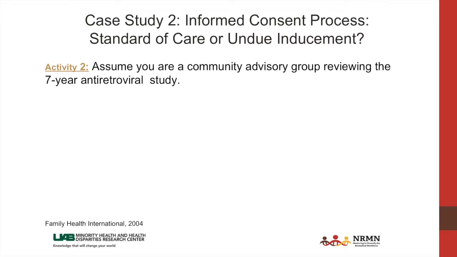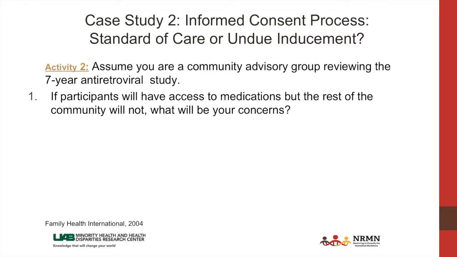Now, imagine that you are a member of a community advisory group reviewing this 7-year antiretrovirus study. If the participants will have access to medications, but the rest of the community will not, what kind of concerns will you have?